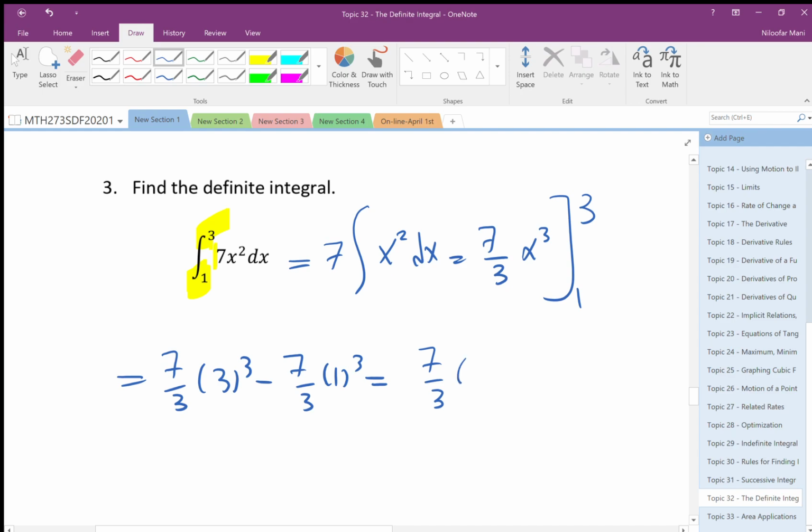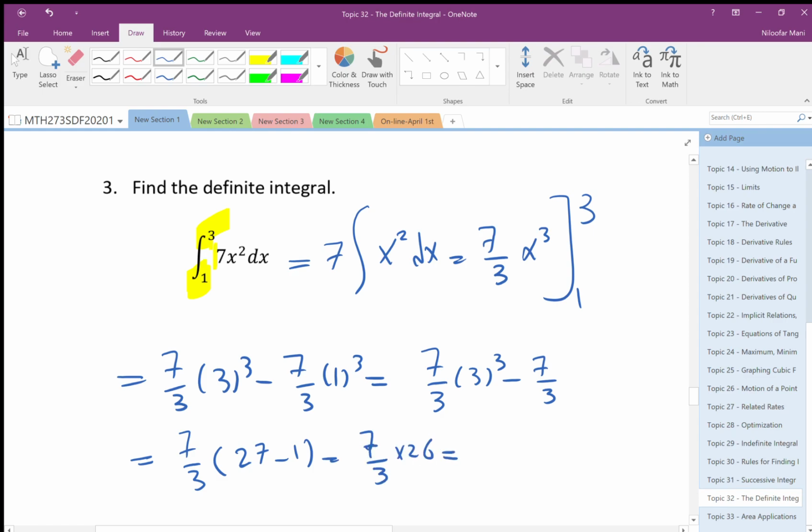Which is 7 over 3 times, okay, so I can cancel. So I can go step by step. It's 7 over 3 times 27 minus 1, which is 7 over 3 times 26.